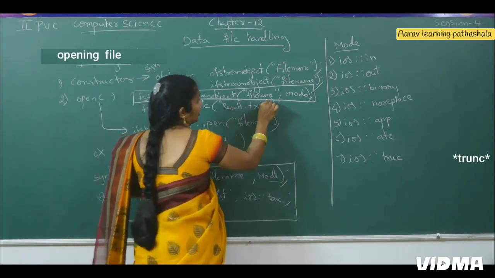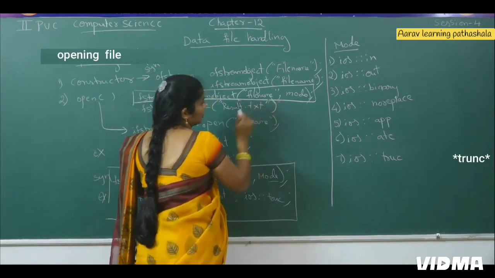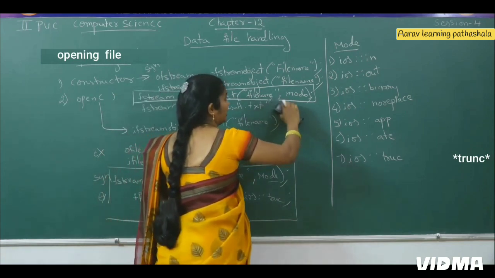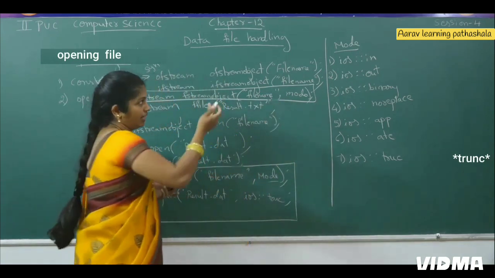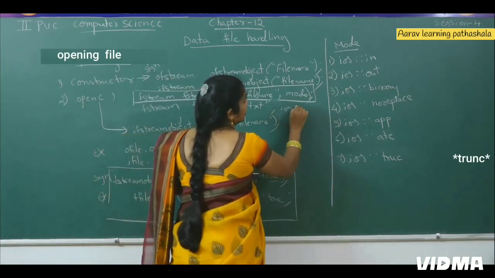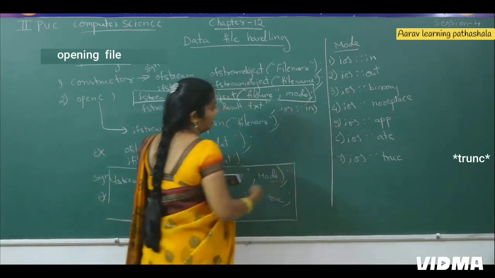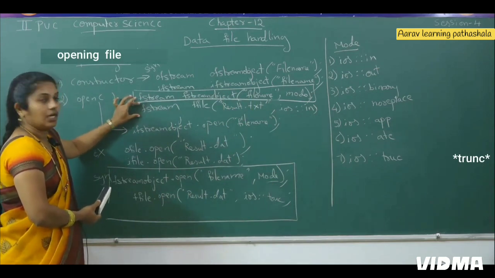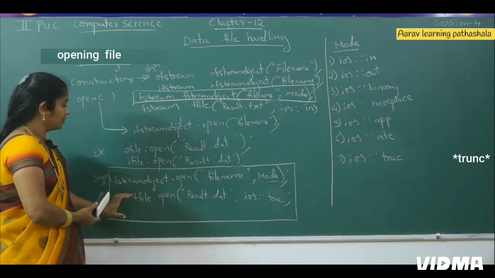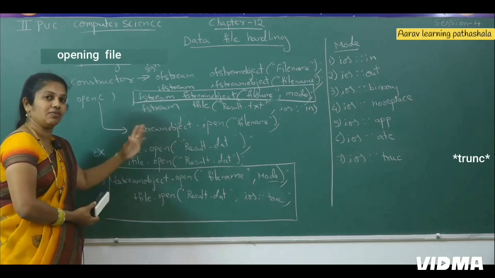Whatever extension you want, you can write inside the double quotes. Then before closing the bracket, you have to put a comma. Then you have to write the mode, whichever mode you want, for example ios scope resolution operator in. If you want, you can use the constructor function as well as the open function method. Whichever you want, you can write.